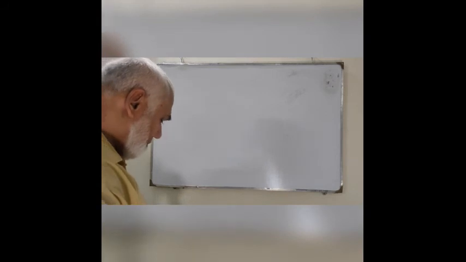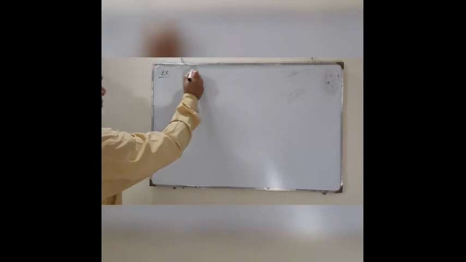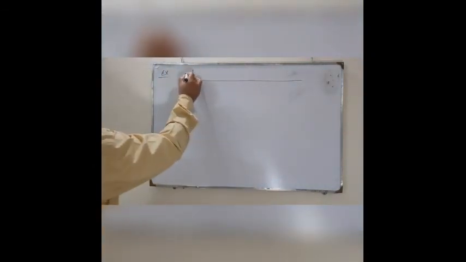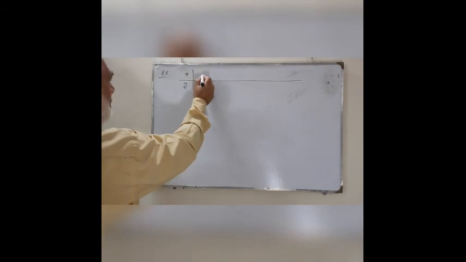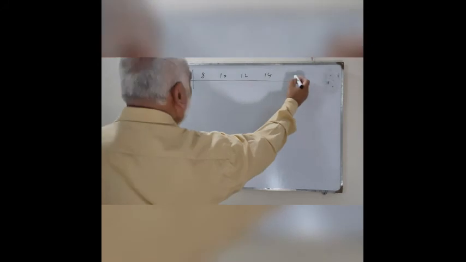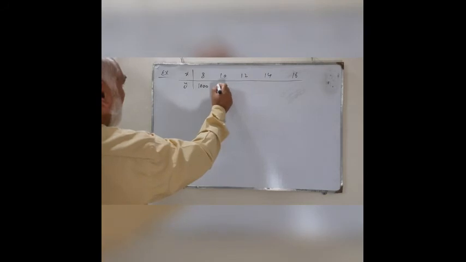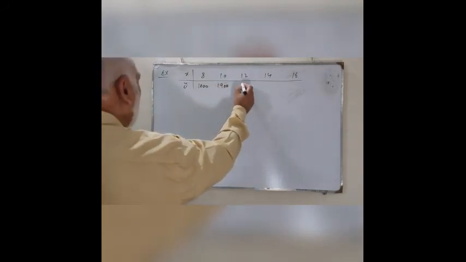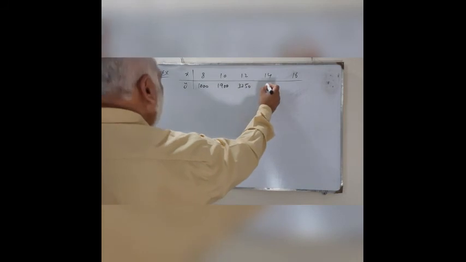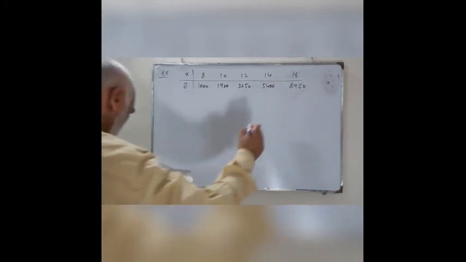Here we are provided a set of points in the form of x and y, and the values of x are 8, 10, 12, 14 and 16, and the corresponding values of y are 1000, 1900, 3250, 5400 and 8950.